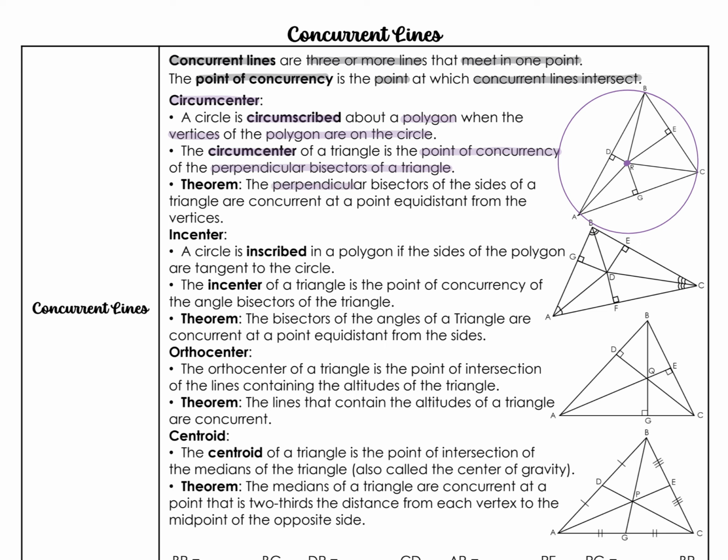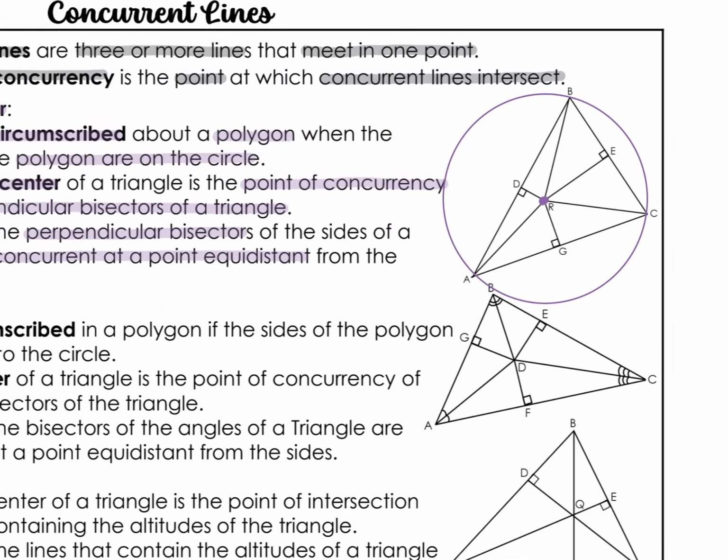The perpendicular bisectors of the sides of a triangle are concurrent at a point that is equidistant, so same distance from the vertices. Okay, so what does that look like? Well, in this picture here, that's going to be from R to C will be congruent to my R to A, as well as R to B. Okay, so all of those lines are going to be congruent.